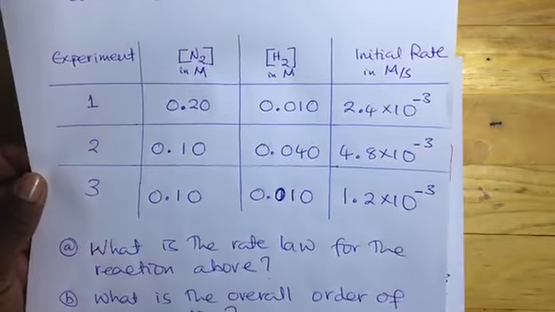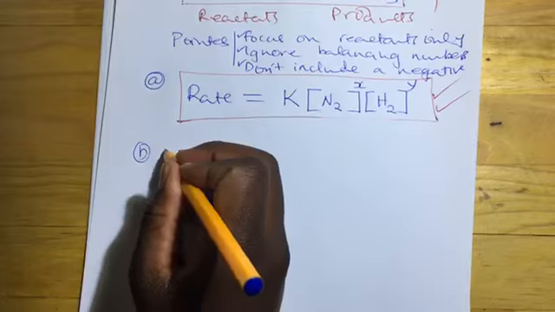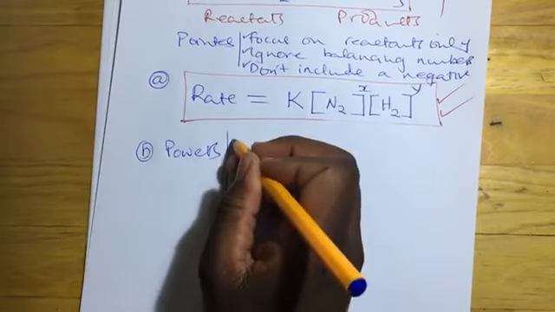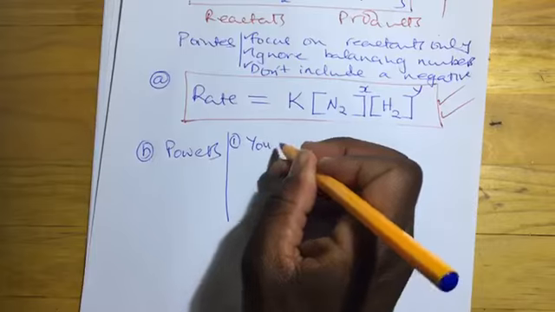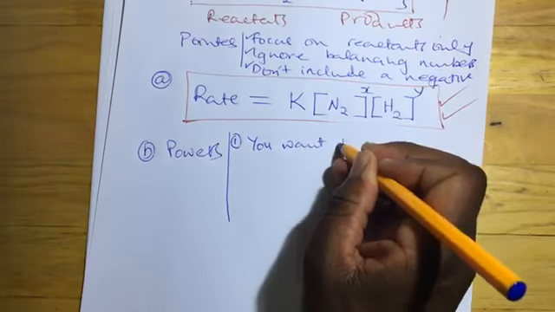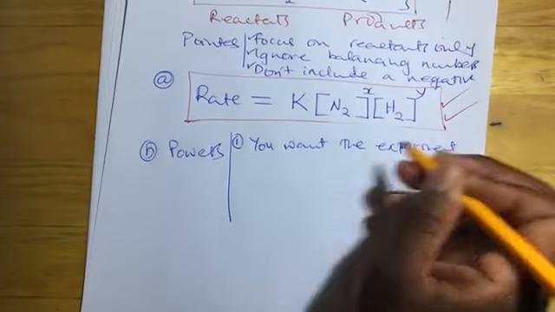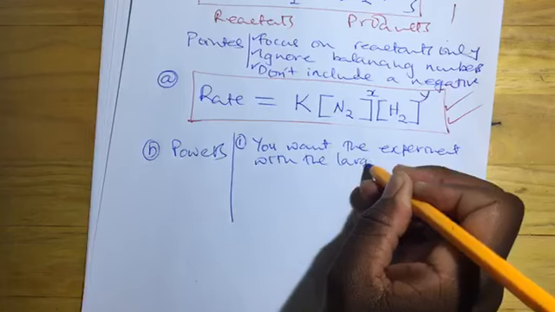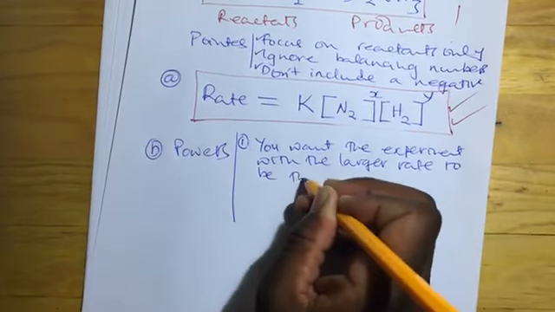Okay, so let's write those pointers. So B, finding the powers. The first pointer is, you want the experiment with the larger rate to be the numerator.